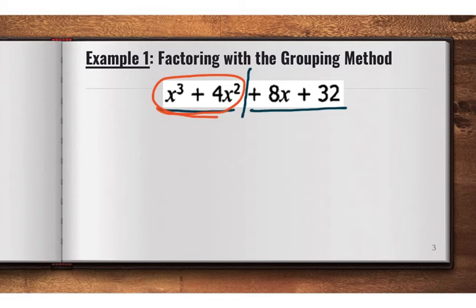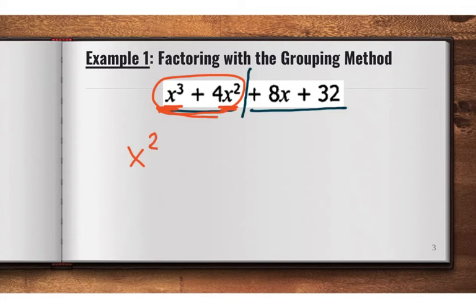I don't have a number that could belong in my greatest common factor, but I do have a common variable of x. So x to the third has 3 x's to give, x times x times x. And my second term has 2 x's to give, x times x. So my greatest common factor between those two is x to the second.